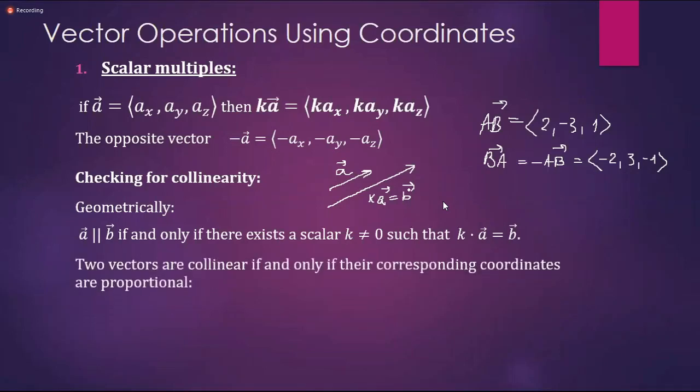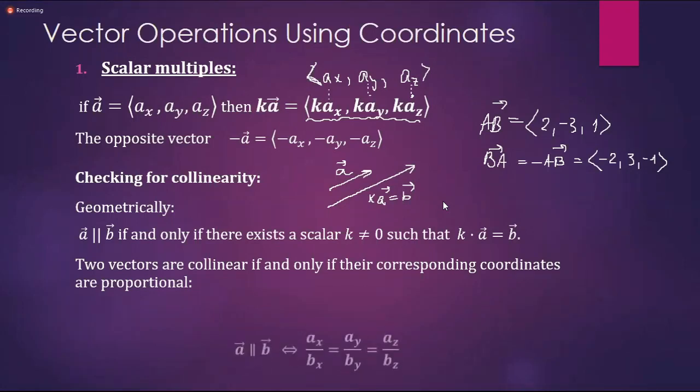And now, corresponding coordinates are proportional, because if one vector A is Ax, Ay, Az, the three coordinates of this vector, and the second vector is collinear, this means that the second vector can be written like this. What we see is that the ratio of the coordinates is the same. This is why we say the corresponding coordinates are proportional.